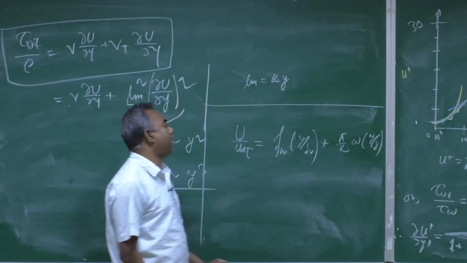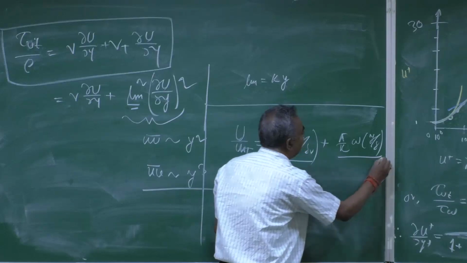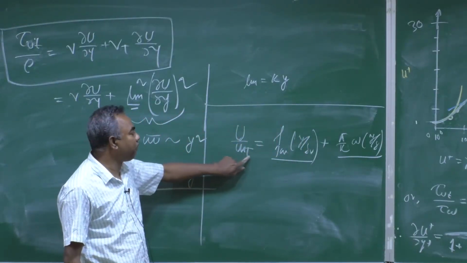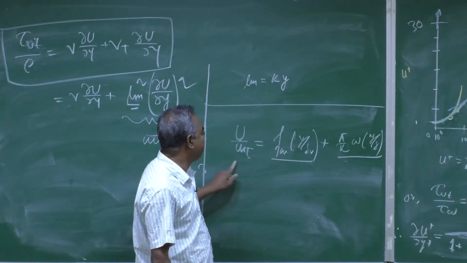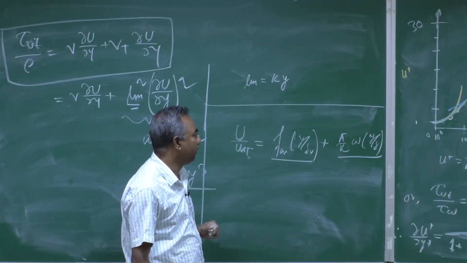So, the velocity profile can be written as the summation of this function plus this function. The complete velocity profile can be expressed using these two functions.